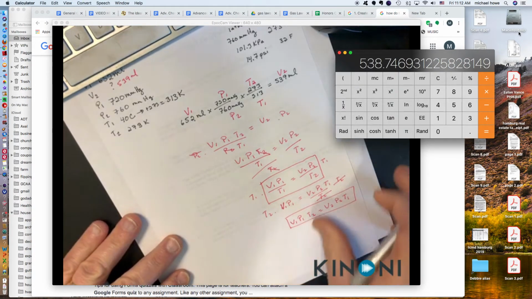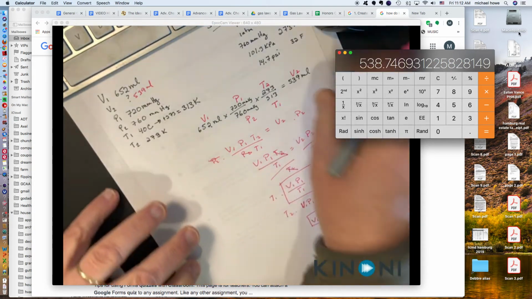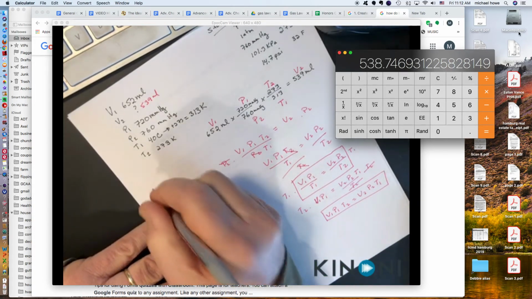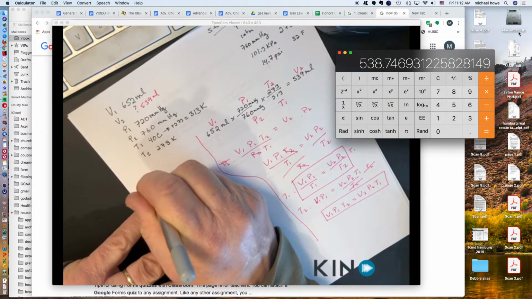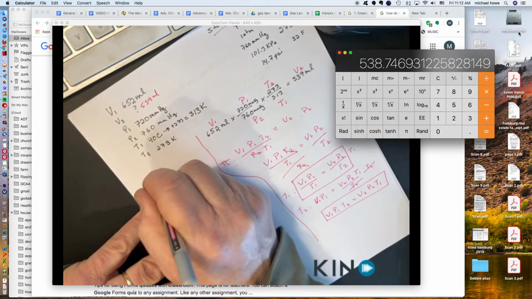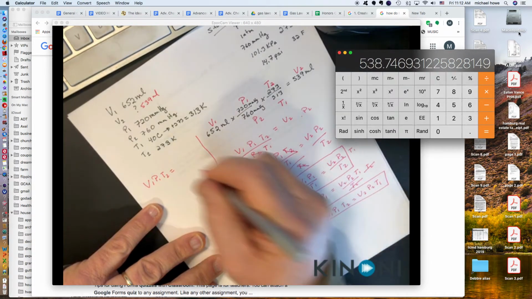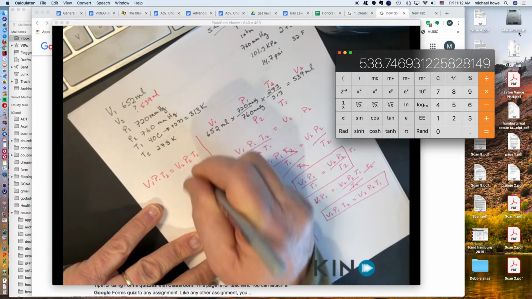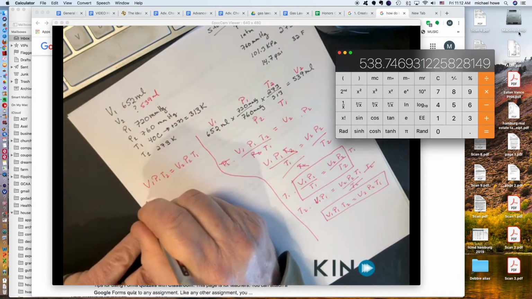So now I'm going to take the second box here, put it up here. So V1, P1, T2 equals V2, P2, T1. All right, now we can just plug the numbers in. So V1, 652.